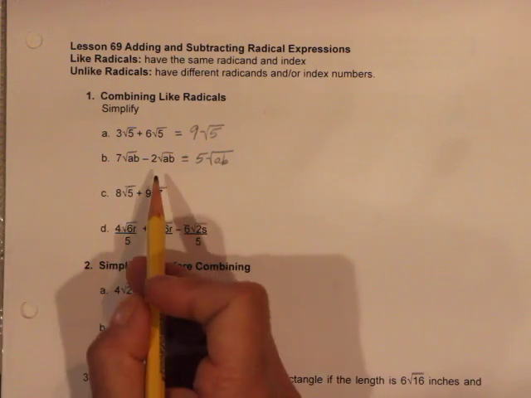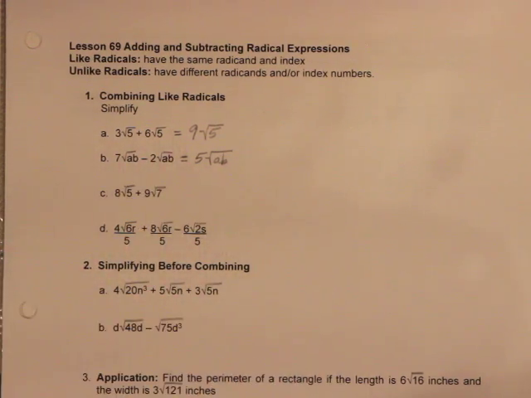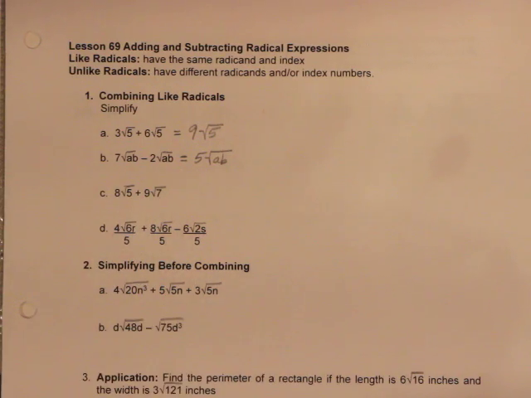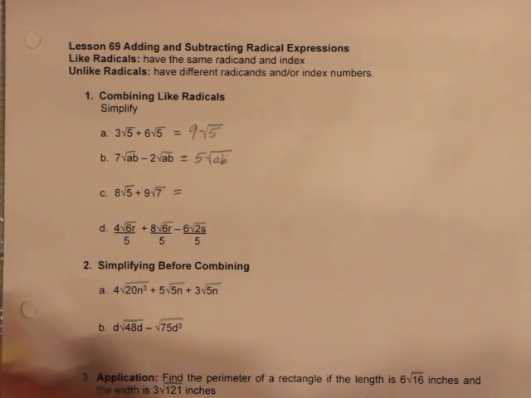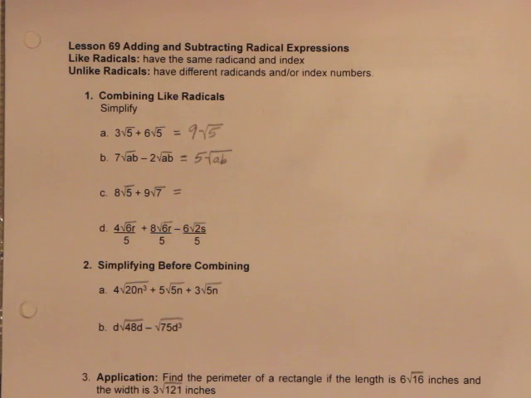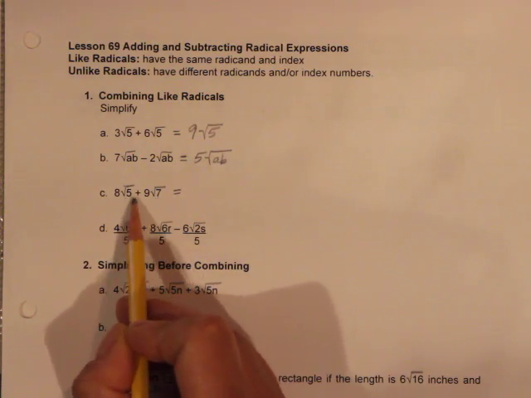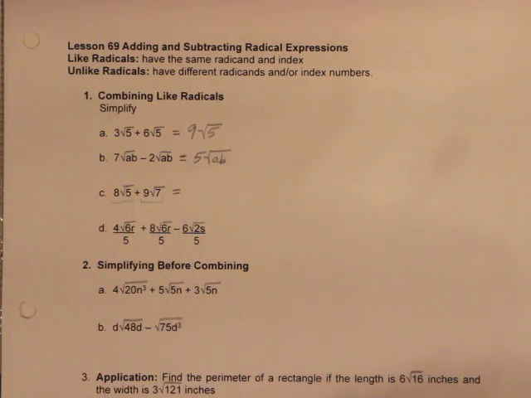So I can add like radicals together. I can combine them by combining, either through addition or subtraction, the coefficients. Let's look here. If I've got 8 square roots of 5 and 9 square roots of 7, what do I have altogether? The answer is 8 square roots of 5 and 9 square roots of 7. I cannot combine these because they are not like radicals. I don't have the same number in here, which means these are not like terms, so they are as combined as they get.